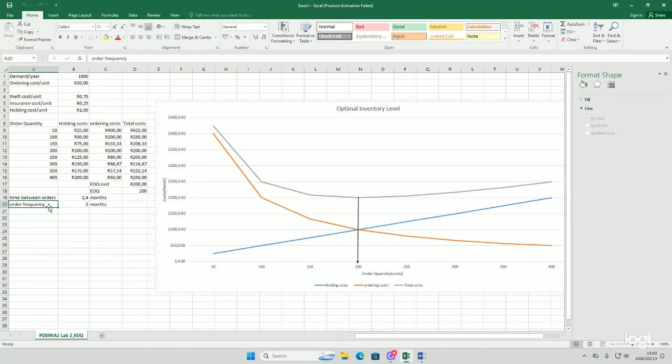Because now the company will be having more orders. Having more orders means that your company does have greater loyalty. Your time between orders is just measuring the average duration between consecutive purchases.